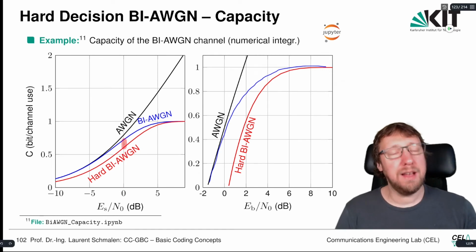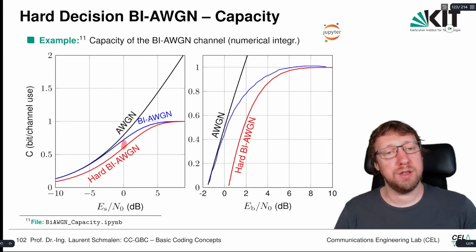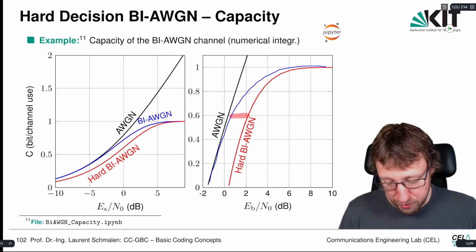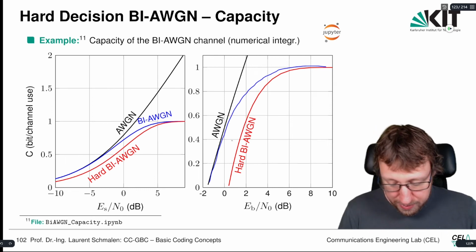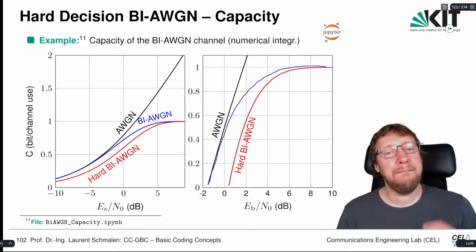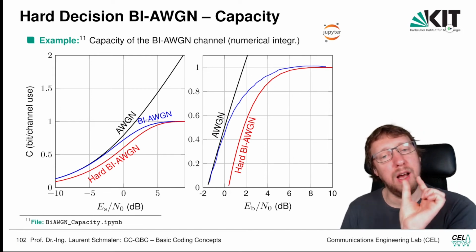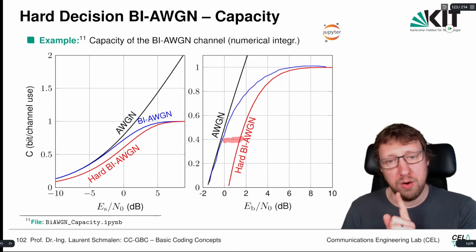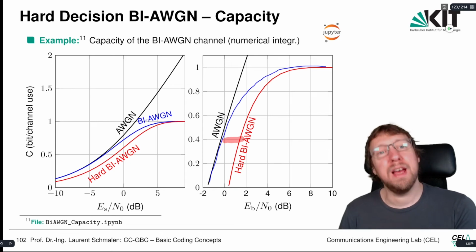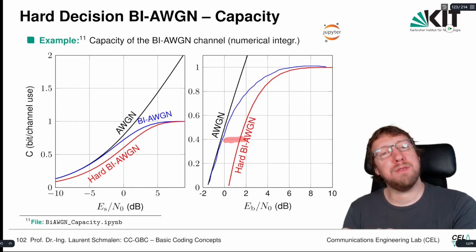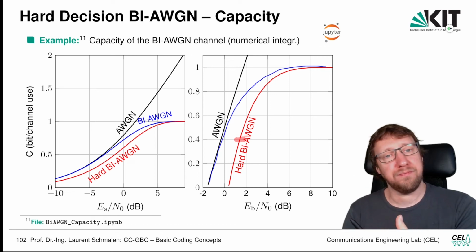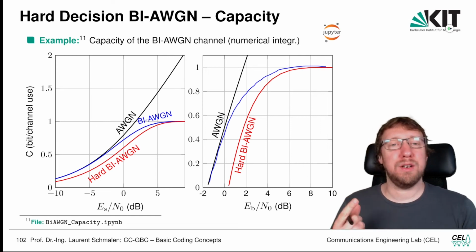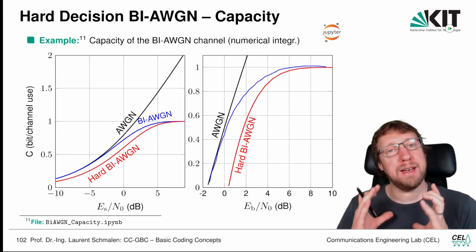But we also have a horizontal gap. This means that if we make a hard decision at the channel output, we need a signal-to-noise ratio that is roughly 1.5 to 2 dB larger compared to the case when we don't do this decision.